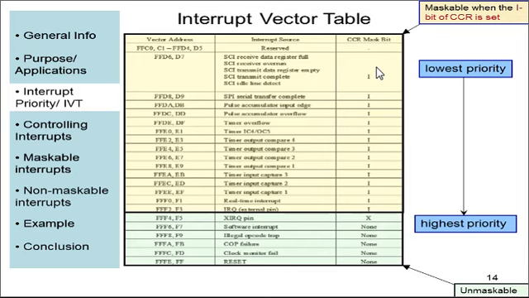For maskable interrupts, the I bit of CCR is set. These are the lowest priority interrupts, or we can say the maskable interrupts, whereas these are the highest priority interrupts, or we can say the unmaskable or non-maskable interrupts.